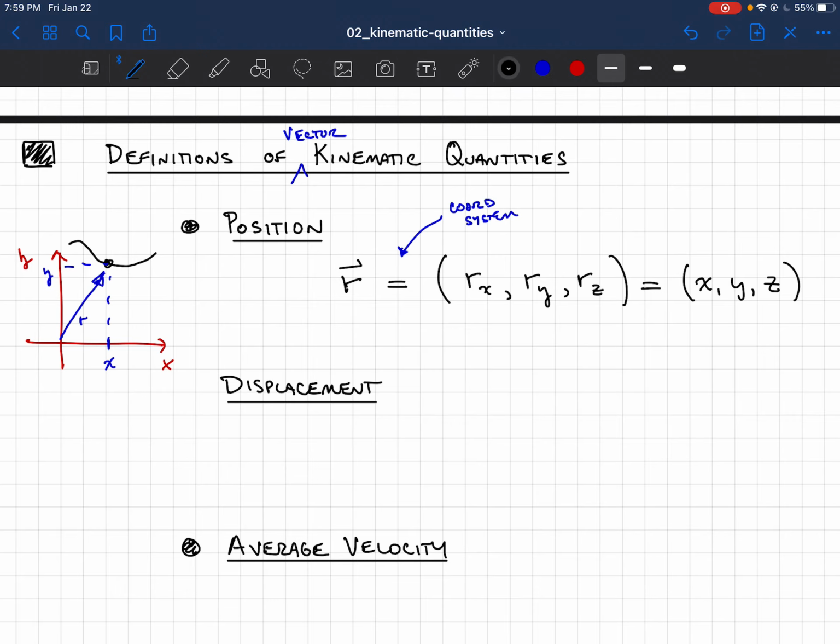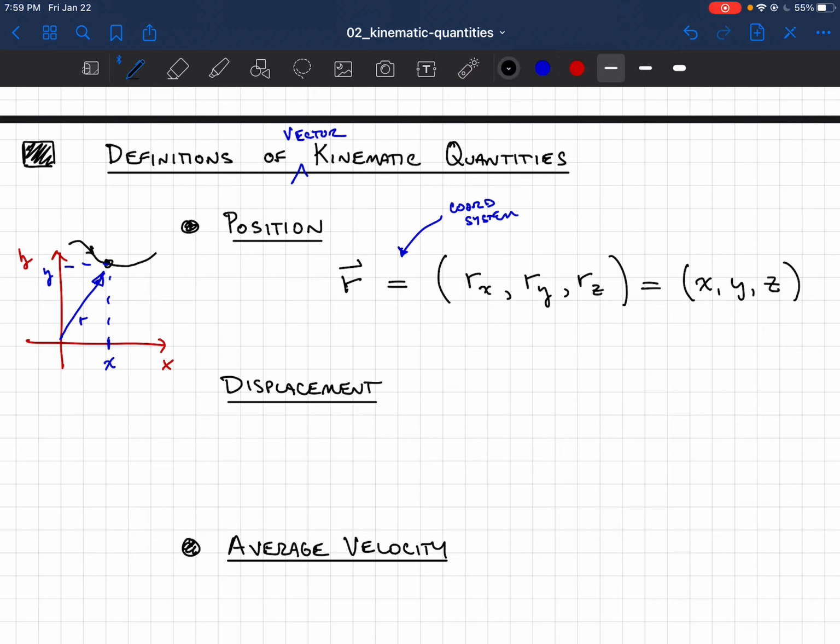You can see that this particular particle is moving down in y. It's about to reach the minimum y value, and it's moving rightward in x. So the y value will be going down, the x value is getting larger. We'll consider that in more detail in a moment.